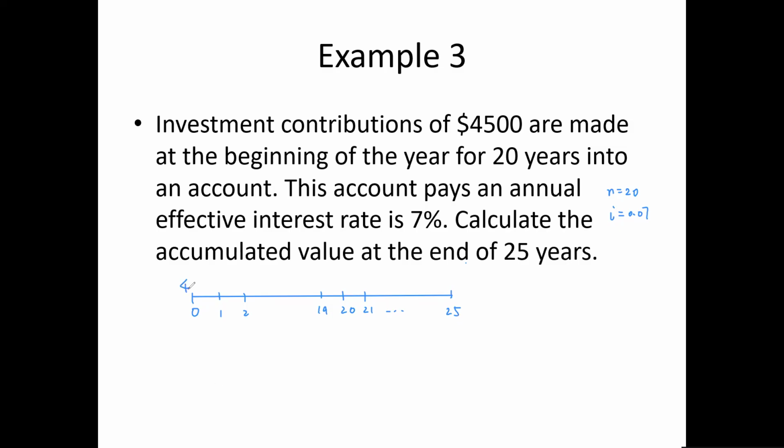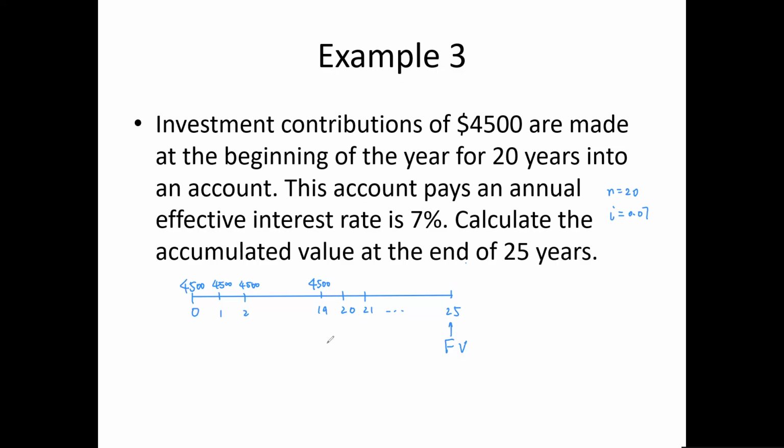A contribution of $4,500 is made at the beginning of the year for 20 years. So actually the last payment happens at the beginning of the 20th year, which is also the end of the 19th year. So it's here. And we're looking for the future value at time 25.